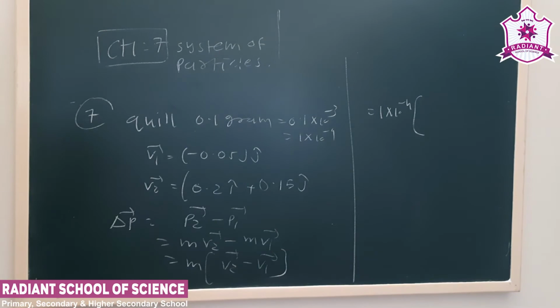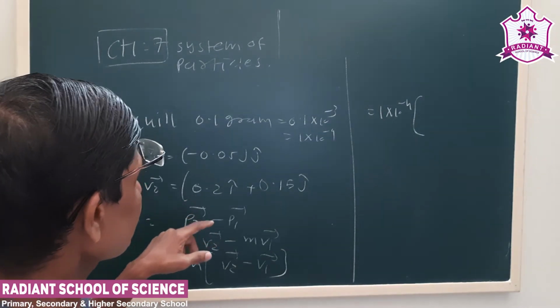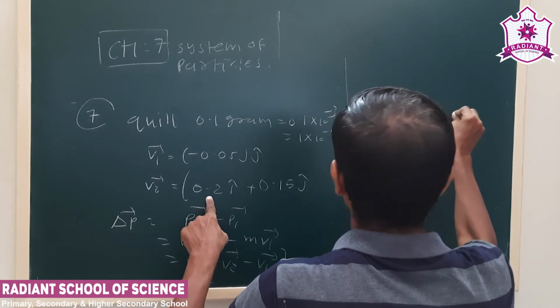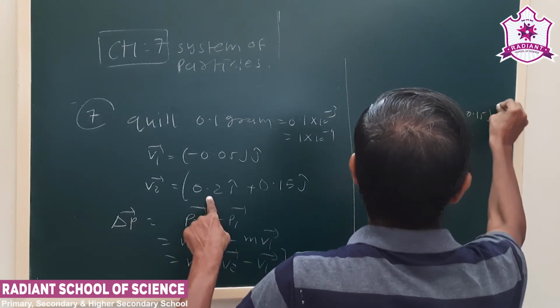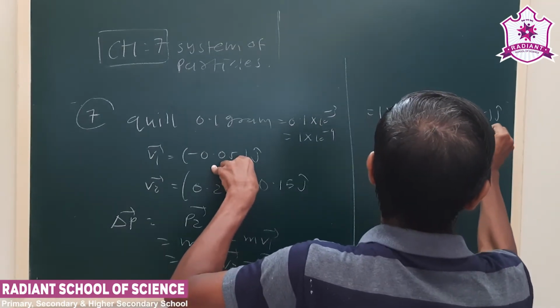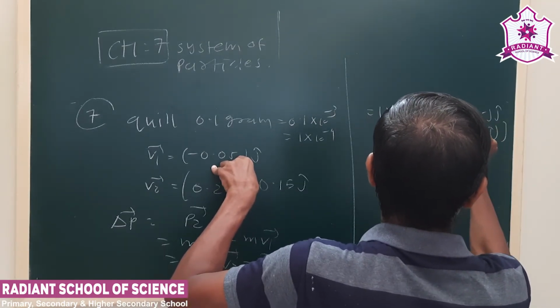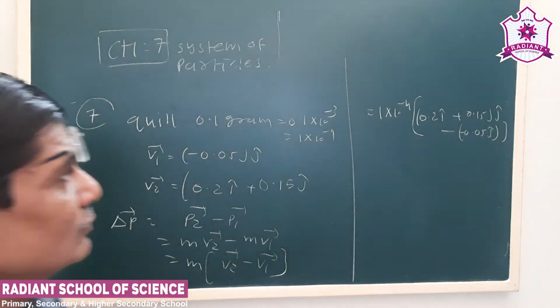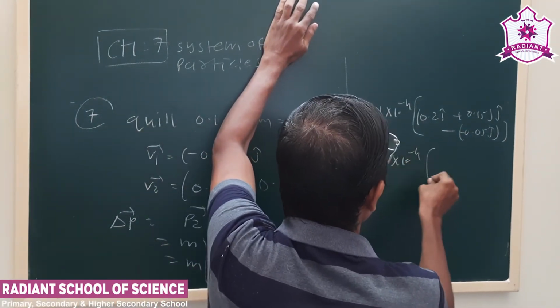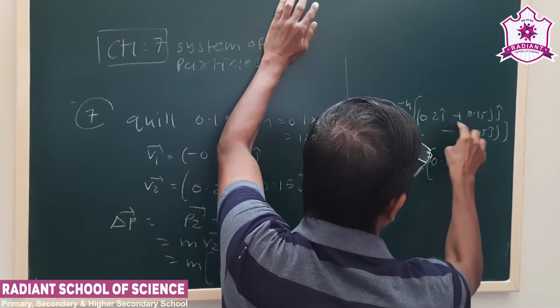Now velocity is 0.2 i minus, here also the negative sign. Now see, this will make plus 0.2 i caret, see, minus minus will become plus.